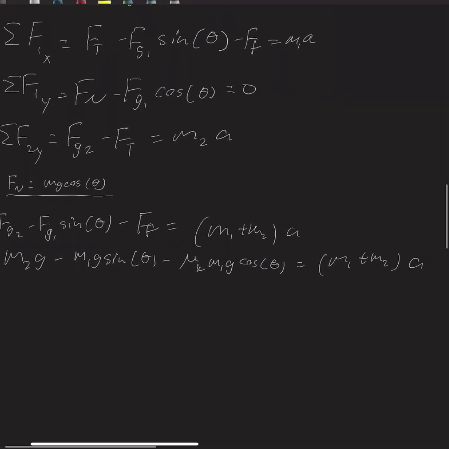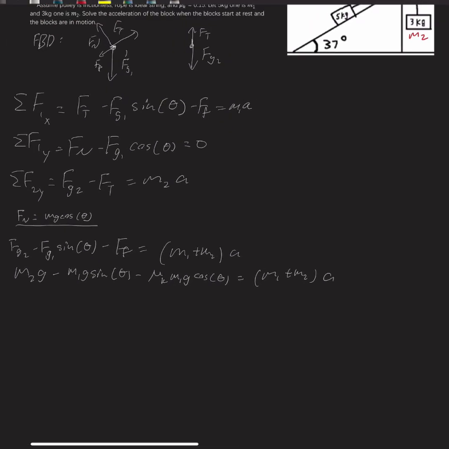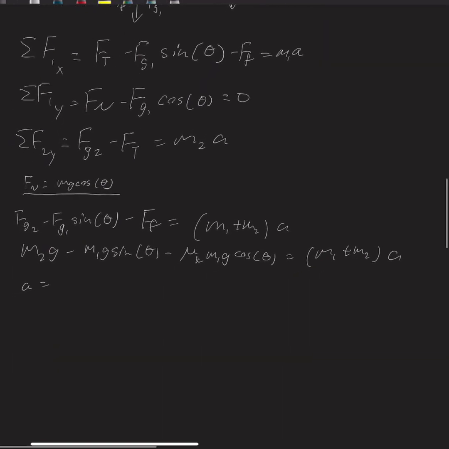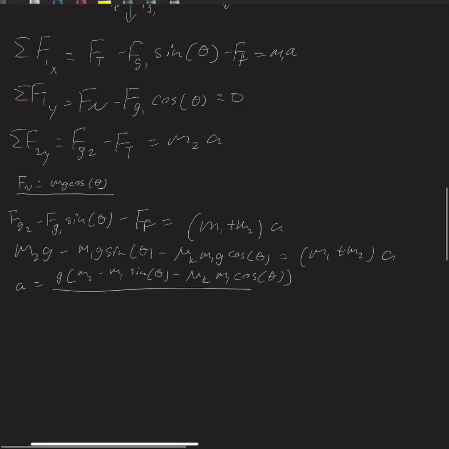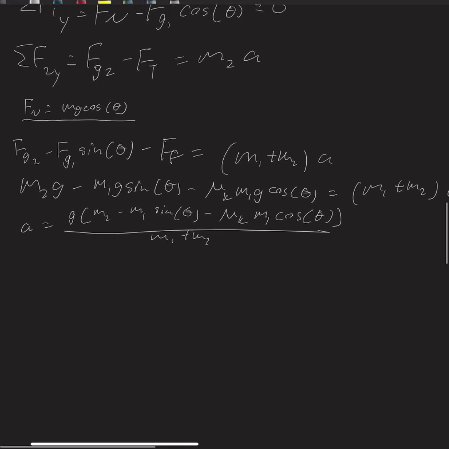Now we can solve for a. Actually, let's factor out a g here. A is equal to g times m2 minus m1 sine theta minus mu k m1 cosine theta over m1 plus m2, which we can substitute values into.